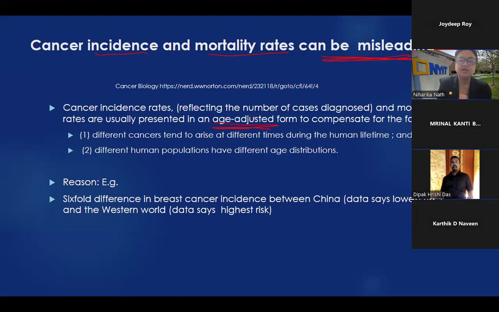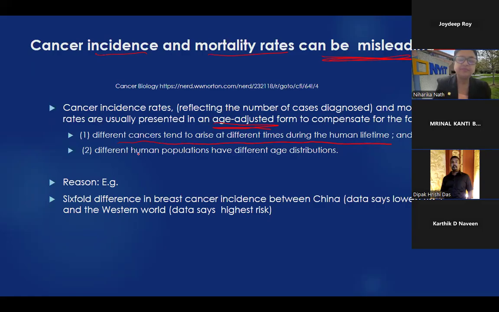Remember, I said that it's age adjusted. One reason is that different cancers arise at different times in the human lifetime. So the data adjusts a young person with an old person, and they count them differently.